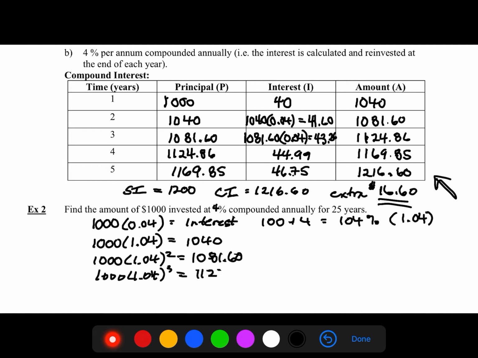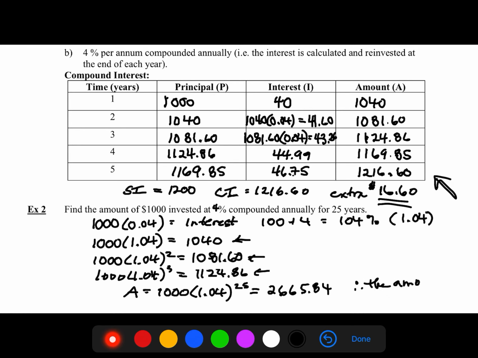And checking in our calculators, we get 1,081.60. And we could keep doing that for the number of years that have passed. And again, checking that out, we get those numbers that we had above. So we're going to take our $1,000, and our amount at the end is going to be our $1,000 times 1.04 to the power of 25.